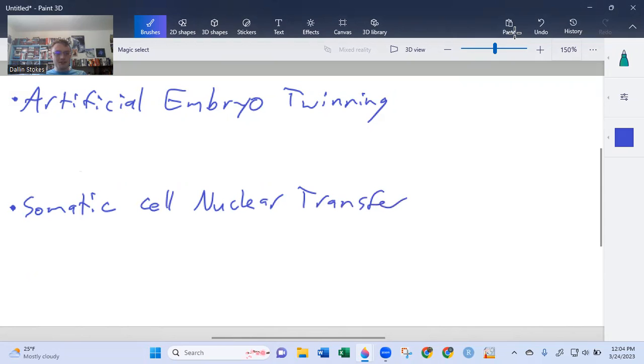We're going to talk about each of these two types and what the differences are between them, and when you would use each type, because there are different applications for each one. So let's talk about how these two work.